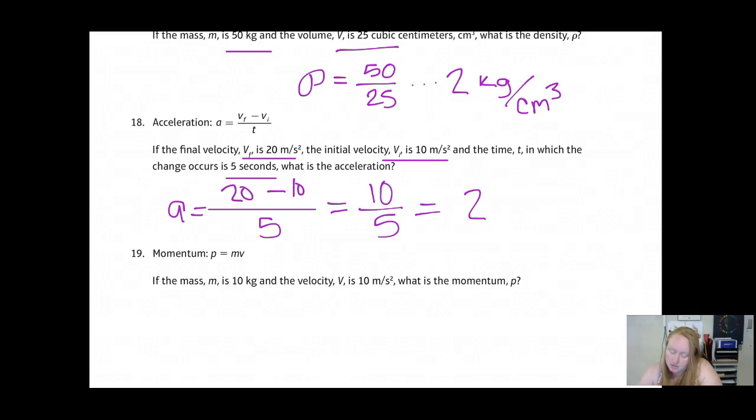2. And then we're going to put it in units. So on top we had meters per second squared. On bottom we had time. So this really works out to be an S per seconds.